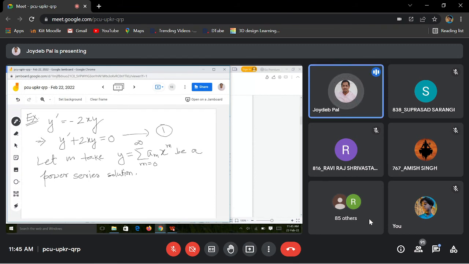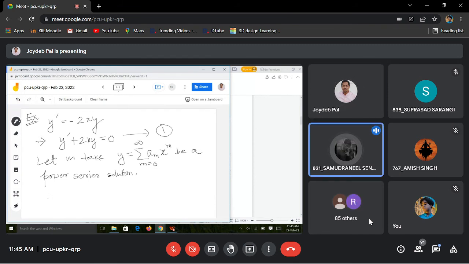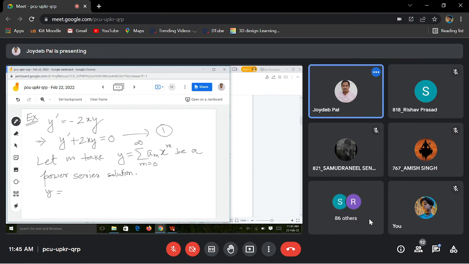देखो अब y dash के लिए सर टर्म वाइज लिख देंगे फिर उसको डिफरेंशिएट कर देंगे. सही. So y हमारा है summation m from 0 to infinity a_m x to the power m. That means term wise what are the terms? a naught plus a1 x plus a2 x square plus a3 x cube and so on.